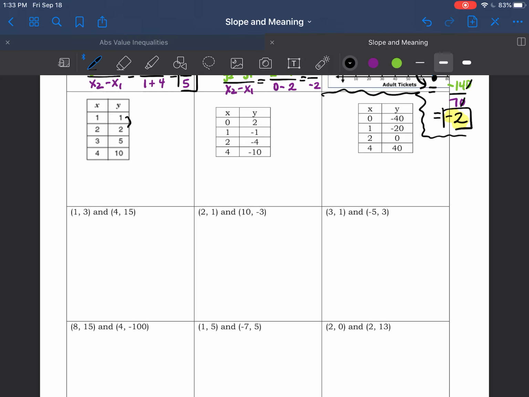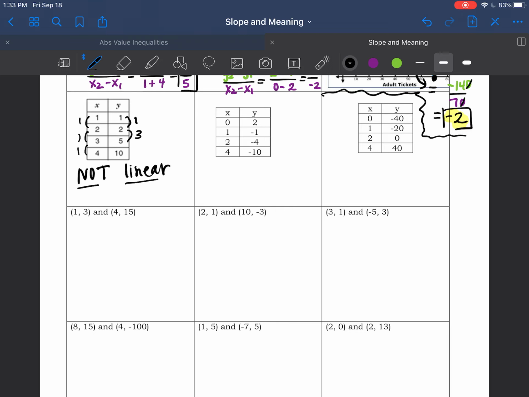Okay, and so my y is going up by 1, and then it's going up by 3 here, while the x goes up by 1 each time. And so I can't calculate the slope on this because it's not linear. Watch out for those tricks. We're going to be dealing with lots of different functions, exponential, quadratic, and so not all tables are linear.